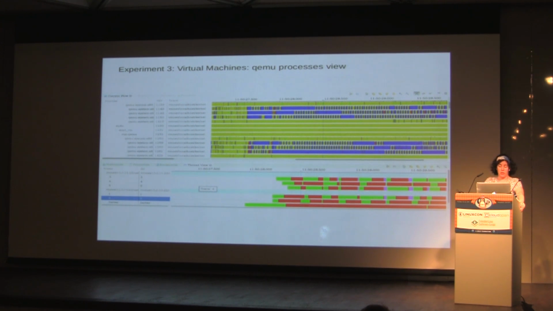And if we were to look at the resource view, we would see that at any given time, there's only 4 QEMU processes on the CPU at a time. So that means that's the way I configured my virtual machines, that even though each virtual machine has 3 virtual CPUs, they actually fight for the resources of only 4 physical CPUs. So that's why they preempt each other all the time.